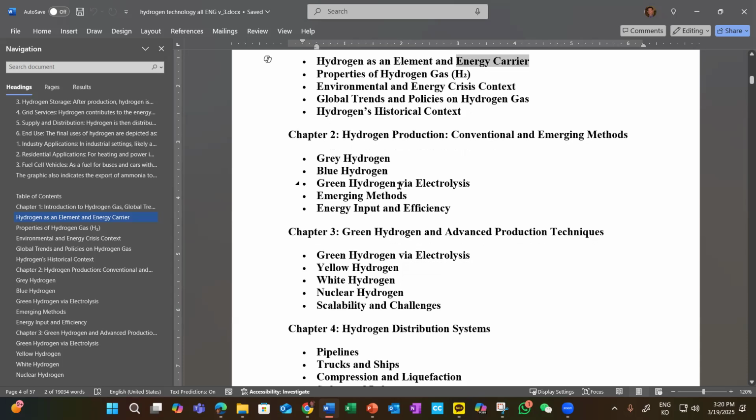How to effectively generate hydrogen gas? So chapter 2 covers hydrogen production, both conventional and emerging methods, just a general overview of hydrogen production.